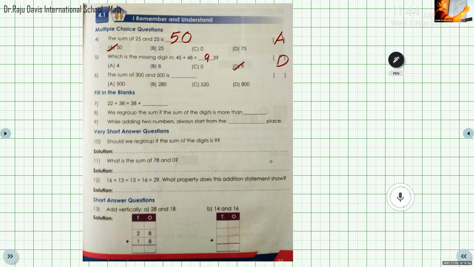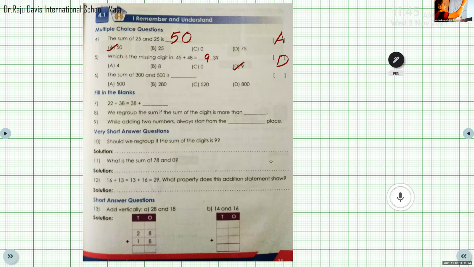Okay, Angela, please read the next one. Question number 6. The sum of 300 and 500 is dash. So when you are getting a question, the sum of, what do you have to do for getting the sum? We should add the numbers, right?